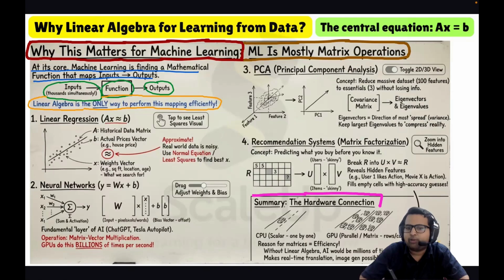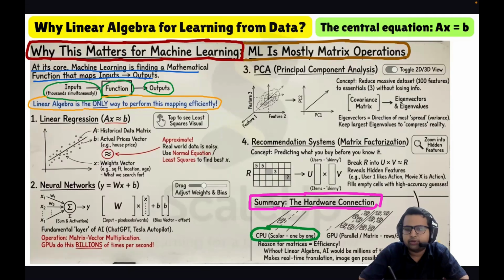Now this matrix operation has a very interesting hardware connection, especially with the GPU. See, the reason we use matrices in machine learning algorithms is not just because the math is elegant, but because of the efficiency. If we use a CPU, central processing unit, it does scalar operations one by one.